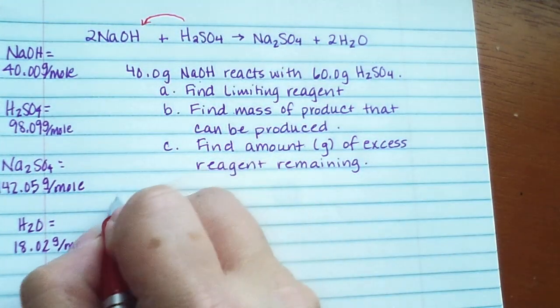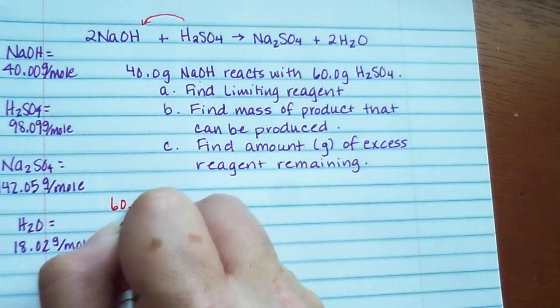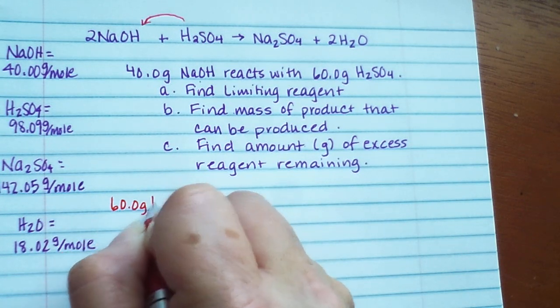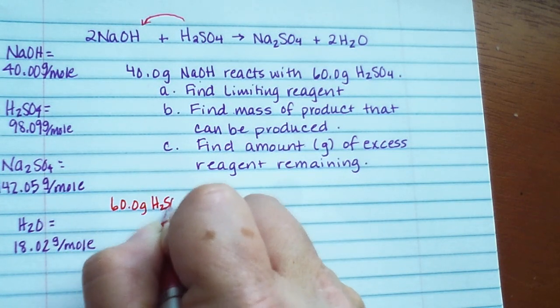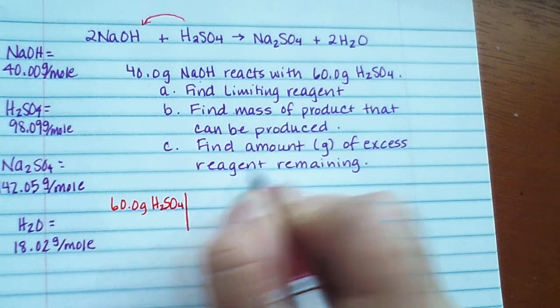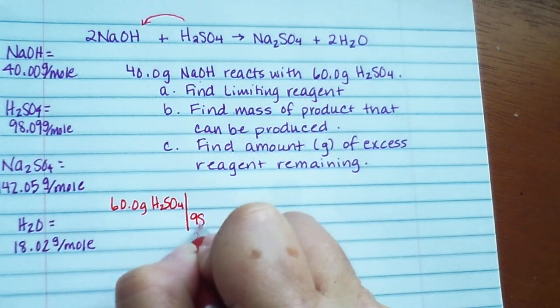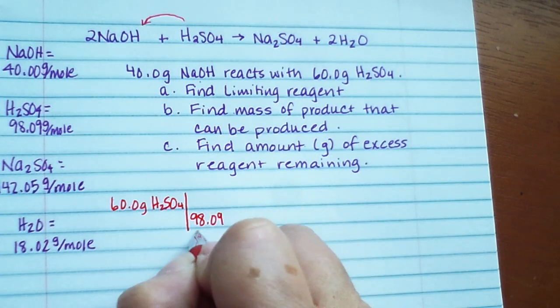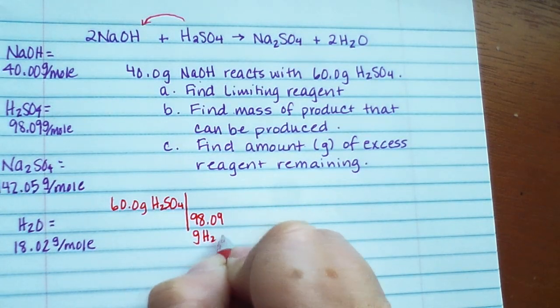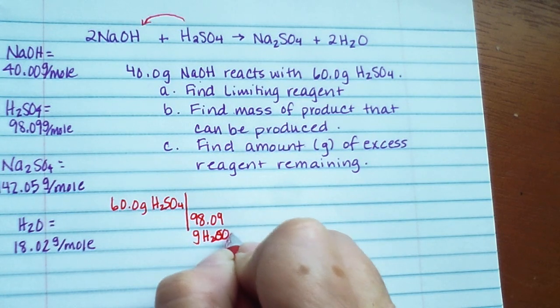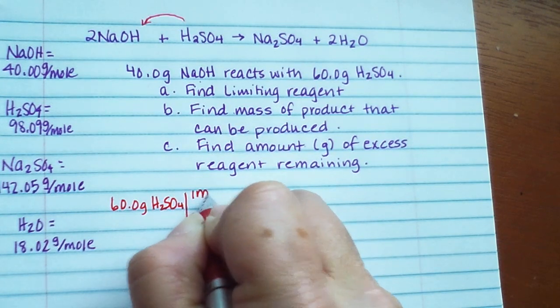So 60 grams of sulfuric acid, and here I have 98.09 grams of sulfuric acid to 1 mole.